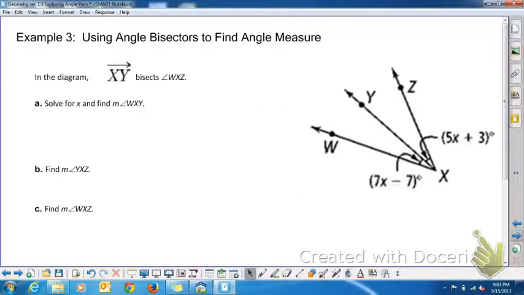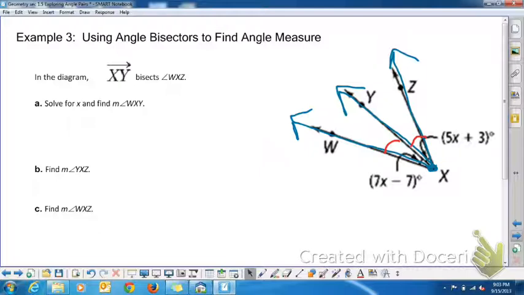In our third and final example for tonight, we're going to use the angle bisectors to find angle measures. In this diagram, you are given that ray XY bisects this angle WXZ. So because it bisects the angle, we know that it cuts it into two congruent angles.